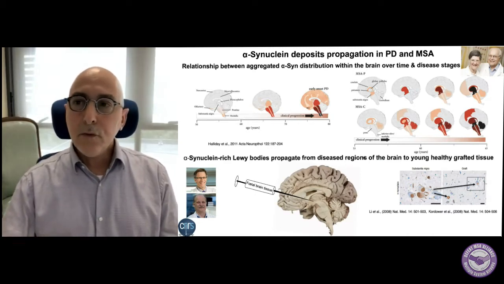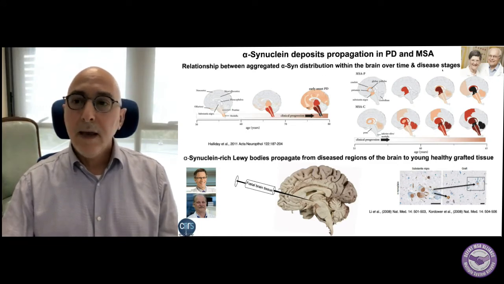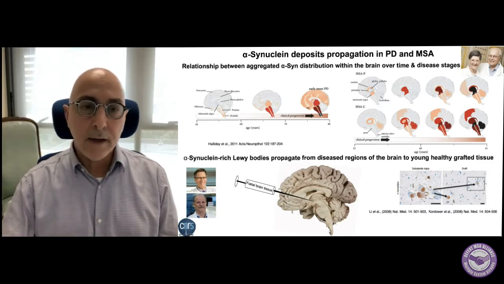The first evidence comes from a relationship between the distribution of alpha-synuclein pathology within the brain over time and disease stages. This relationship was established by Heiko Braak and his group.